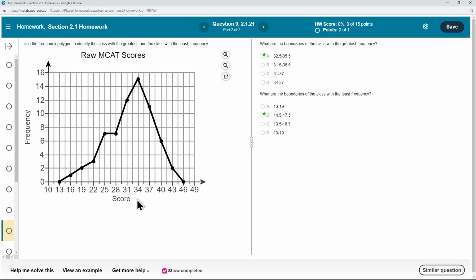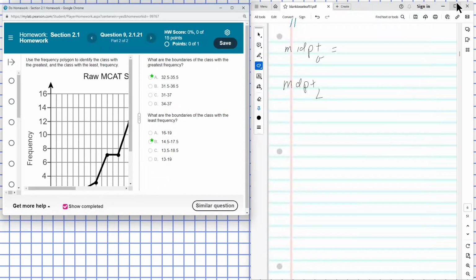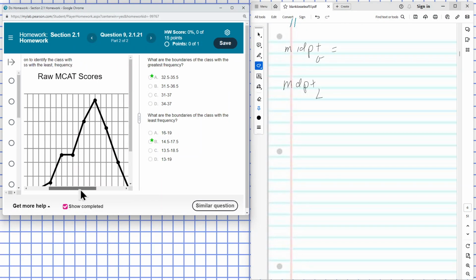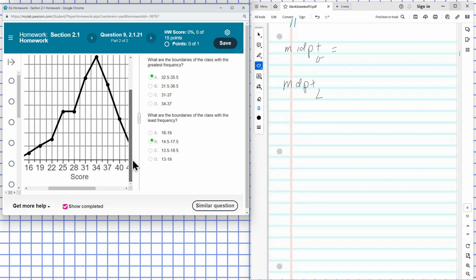So you can see the midpoint for that greatest frequency, and I'll call that midpoint G. There, midpoint G. And we said that that corresponded down to 34.